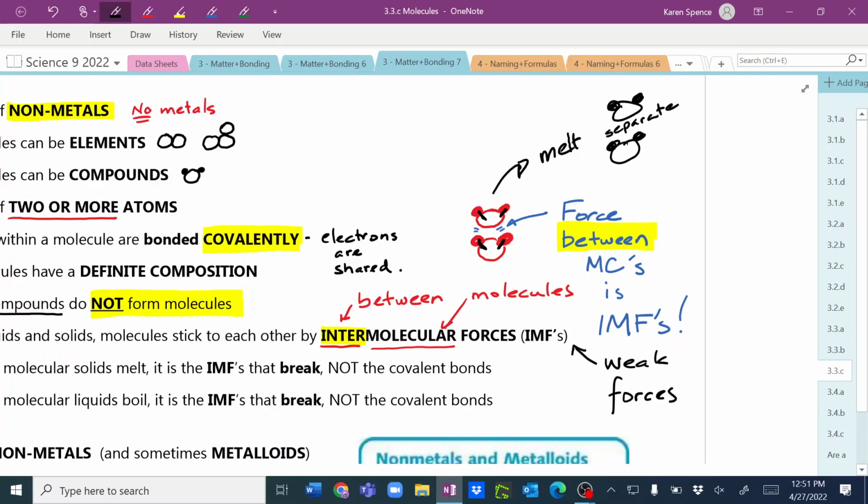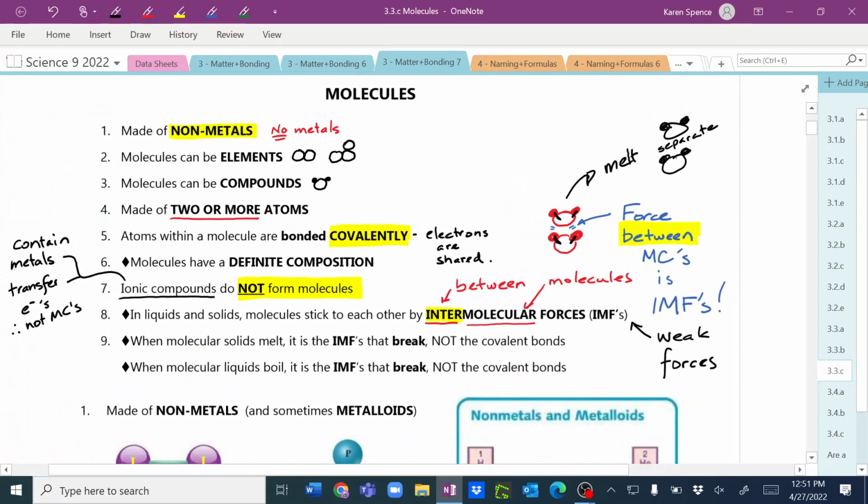Covalent bonds are really, really strong. Is good? Or is confusing? Okay. And if it's confusing, guess what? It's a black diamond, so you don't have to worry about it, okay?